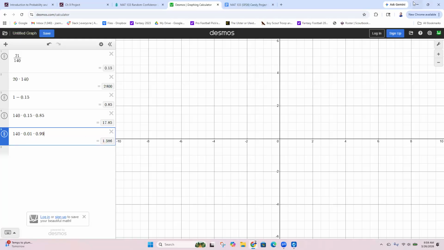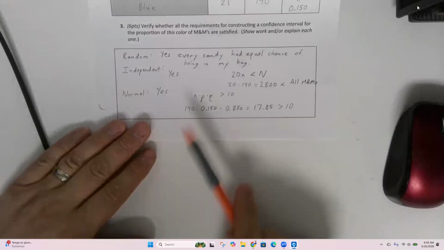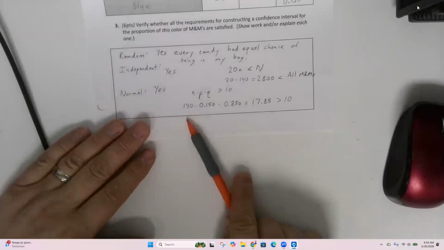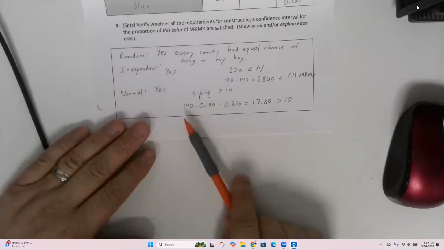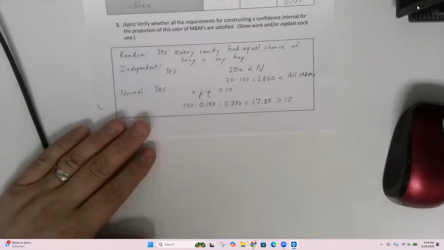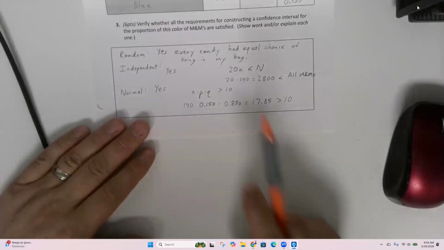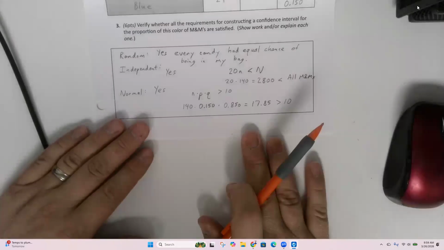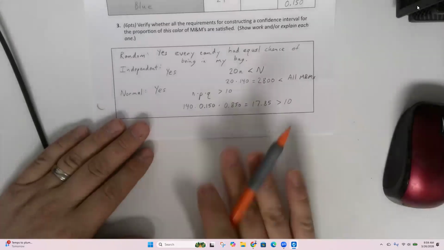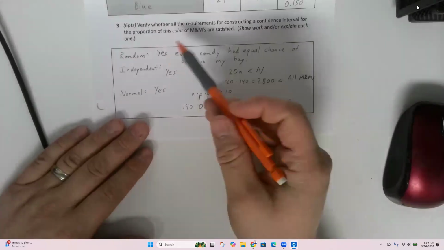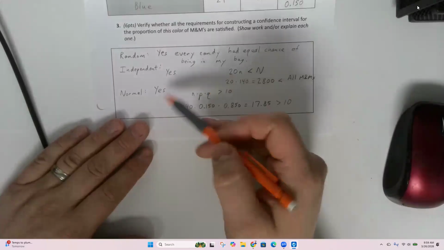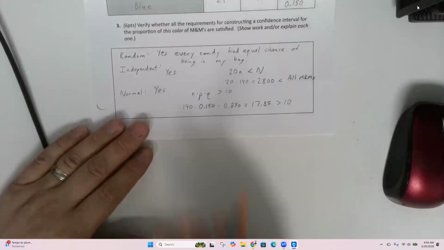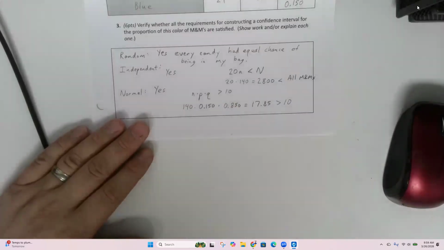If you find yourself in that situation, where you don't have a big enough sample size, we will talk about how to calculate what sample size you need on page 5. But for now, we're going to keep going. If you have yes, yes, yes, or yes, yes, no, either way is fine. We're going to push forward to the next page, question number 4.